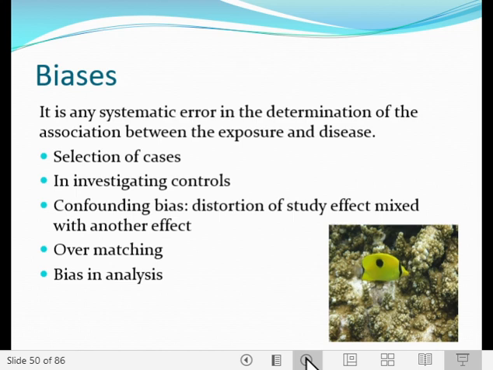Also, if you don't select the controls and don't match the cases and controls properly, then too there will be an error. Confounding bias is distortion of study effect mixed with another effect, which I just explained to you, that example of alcohol and its relationship with lung cancer and smoking. Now, if you overmatch, then also there is an error and there can be a bias during analysis as well.